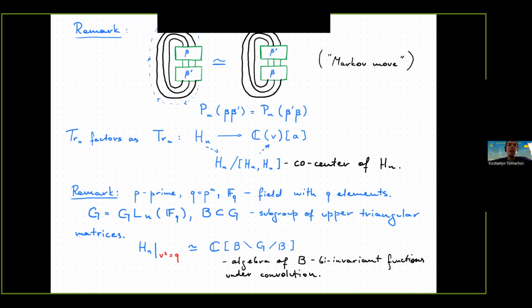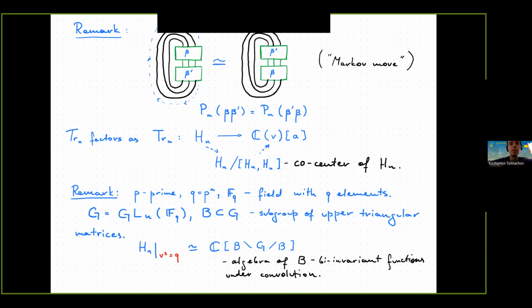So one immediate remark is as follows. Again, we wanted in the beginning to define a link invariant. So this functional on the Hecke algebras or on the braid group should not depend on a braid if the link closure stays the same. So in particular, if you multiply two braids beta and beta prime, the closure does not change if you change the order of the multiplication.